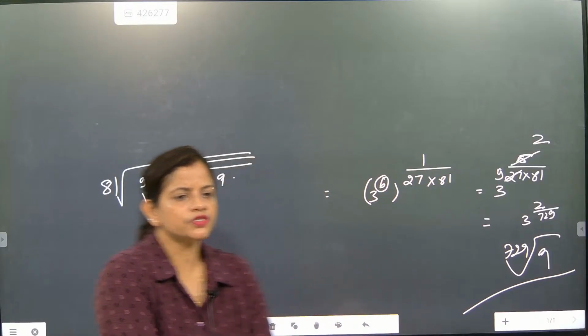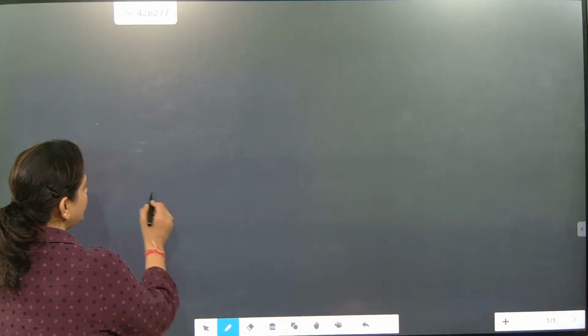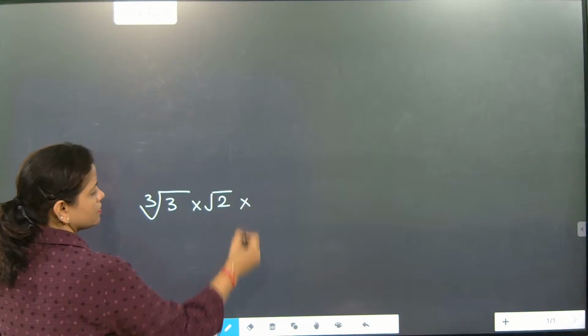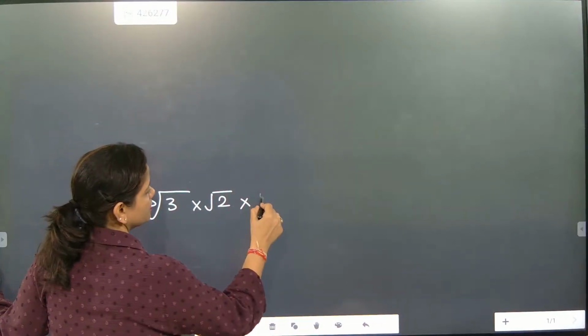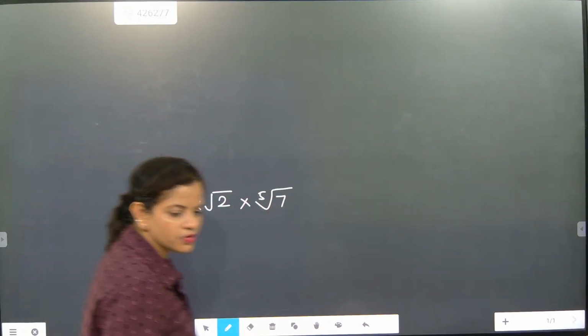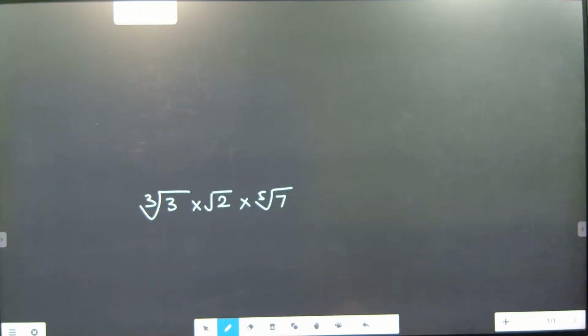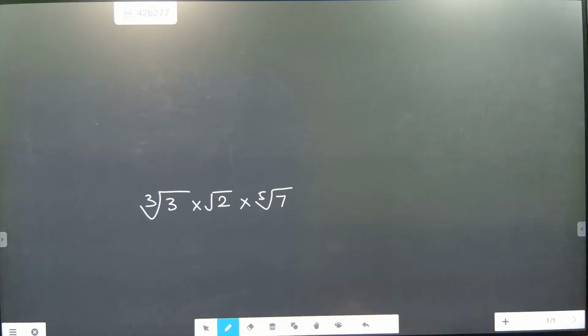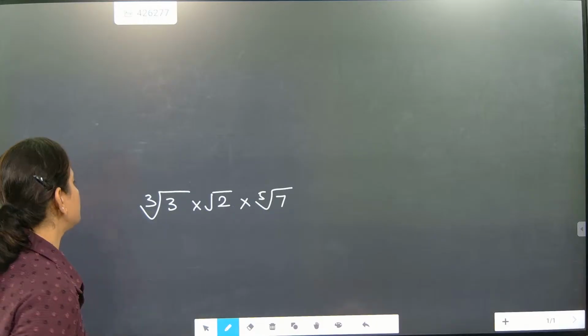So now if a question like this comes, what are you going to do? Like cube root of 3 into square root of 2 into fifth root of 7. Then what are you going to do? What answer will come?